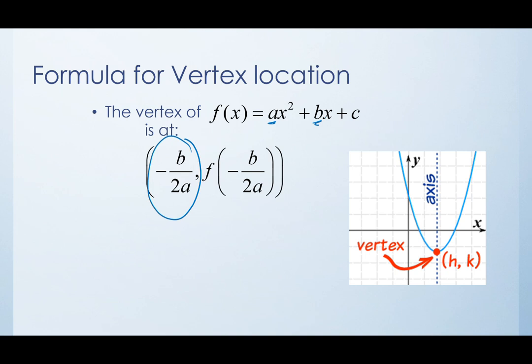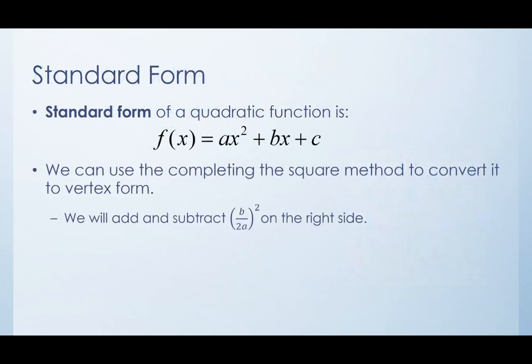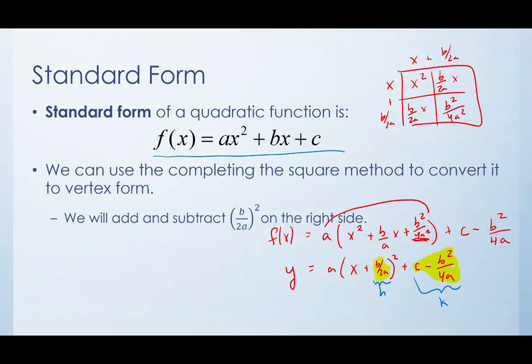Okay, and then the y coordinate is whatever you get when you plug that into the equation. So this is our h, and f of negative b over 2a is our k, right?